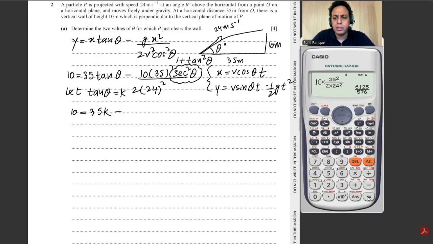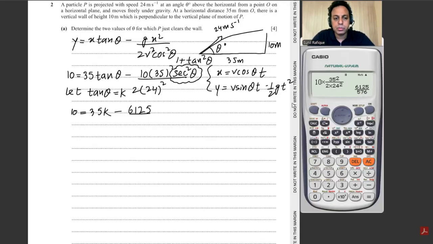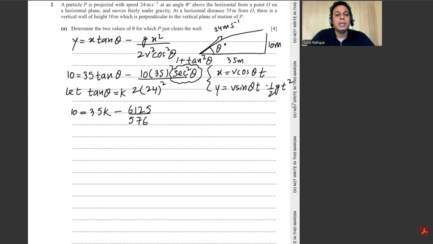Is that fine? Okay, yeah. 6125 over 576. And that's going to be 1 plus k squared. Okay, so now I think I can multiply throughout by 576.